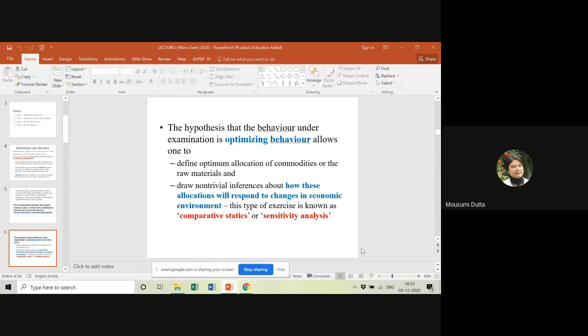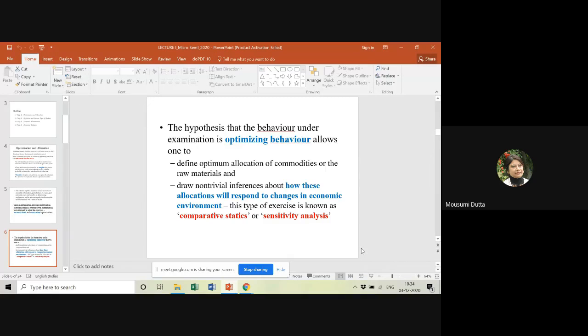So everything is scarce. If I am a consumer, I'll consider commodities as scarce. If I am a producer, I'll consider raw materials, land, labor, all these things as scarce. So this optimization will help us to allocate the resources optimally for commodities as well as for raw materials.